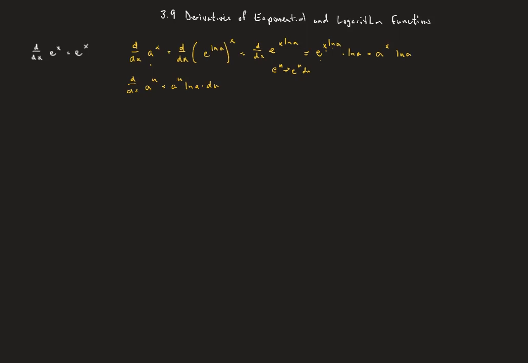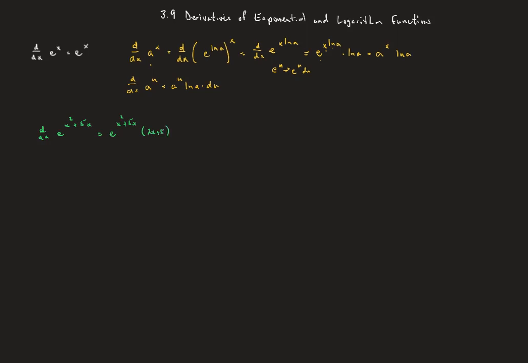So for example, if we wanted to find the derivative of e to the x squared plus 5x, we would get e to the u, that same exponential, times du, the derivative of the exponent, which would be 2x plus 5.